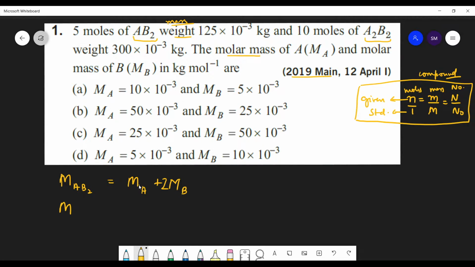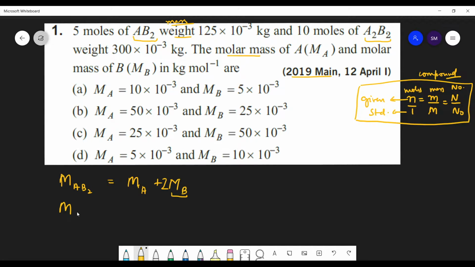What will be the molar mass of this AB2? How is it composed? Molar mass of A plus, because there are two atoms of B, molar mass of B multiplied by 2. So 2 moles, twice the molar mass.